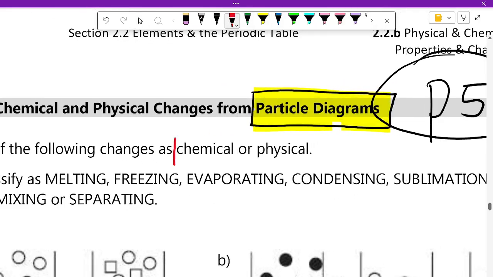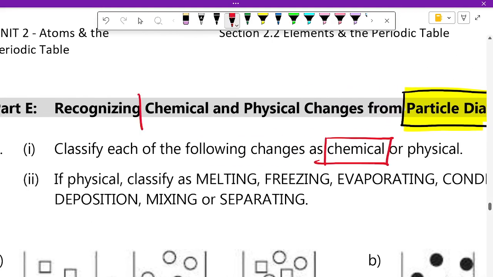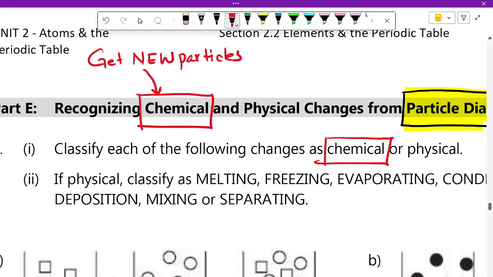If you have a chemical change, you'll get new and different particles. The atoms will rearrange. But if it's physical, there are no new particles.